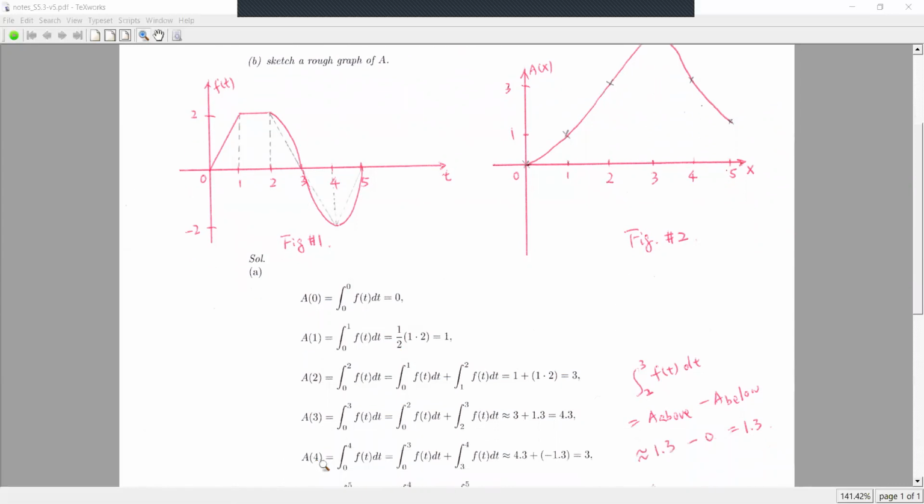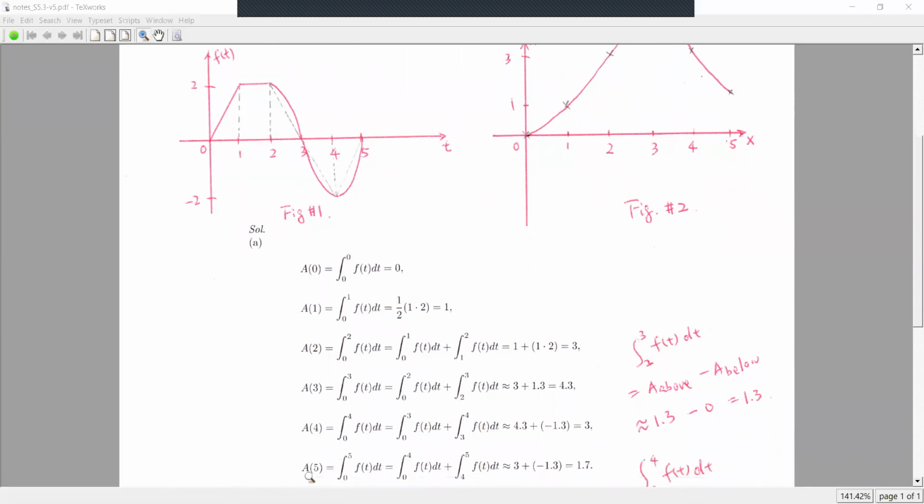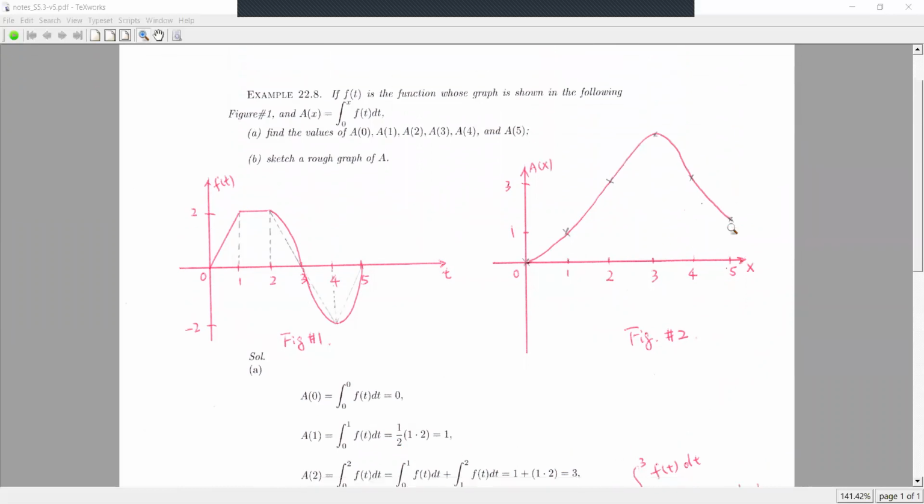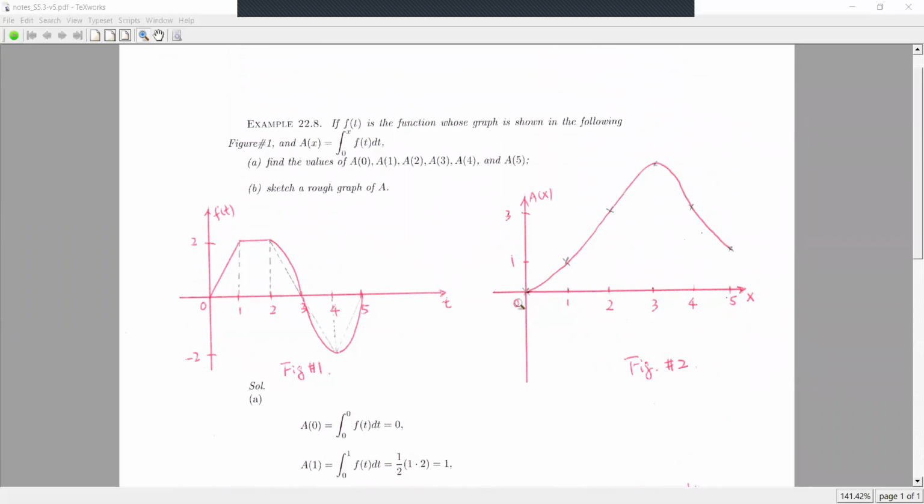And A of 4 is 3, so this point is on the graph. A of 5 is 1.7, so this point is on the graph. Now, I plot the data points that I obtained from part A. Then use a curve to connect the data points.